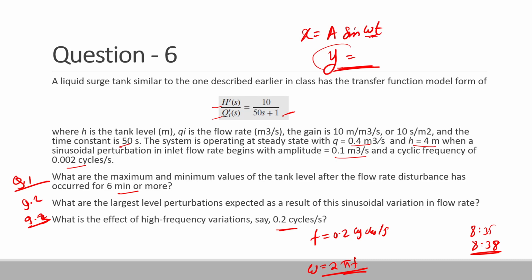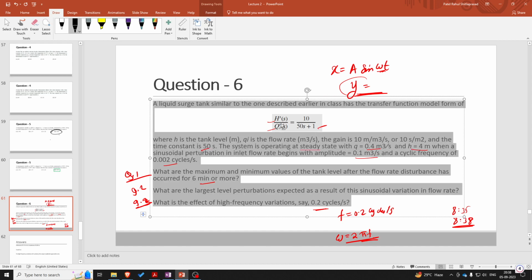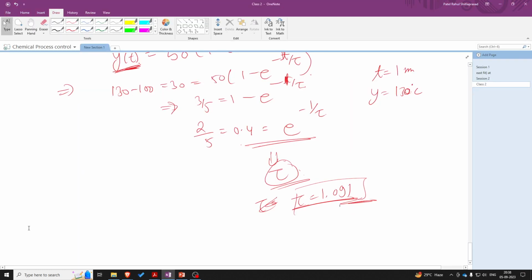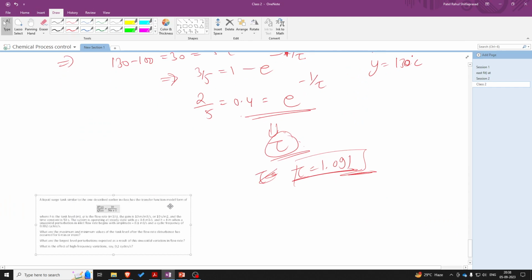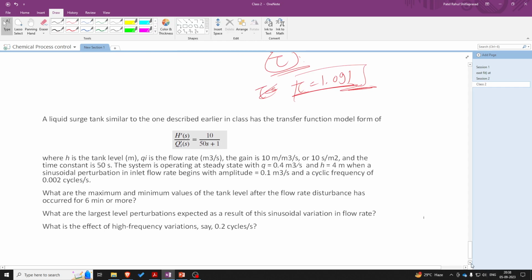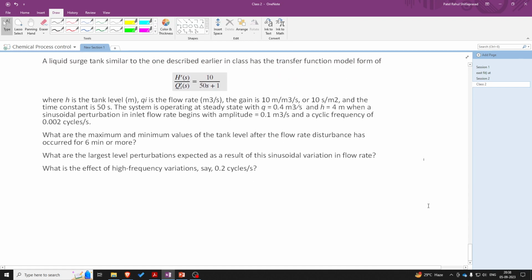So let's try solving this question. Just to write whatever things we have been given in the question.